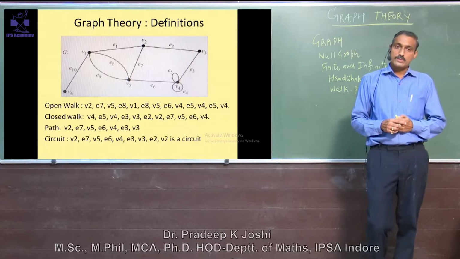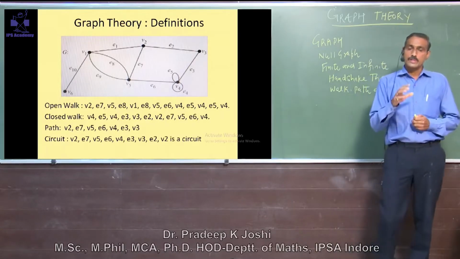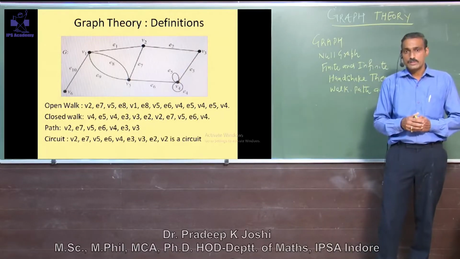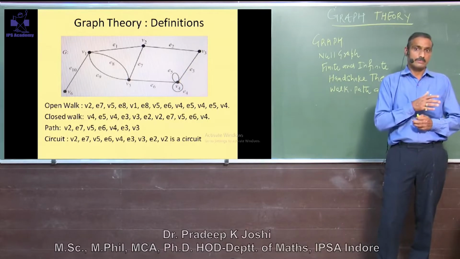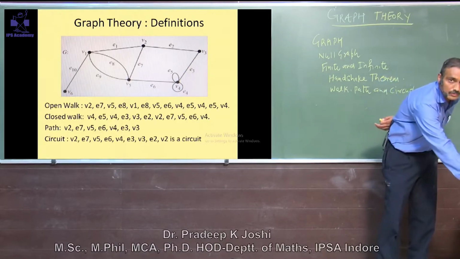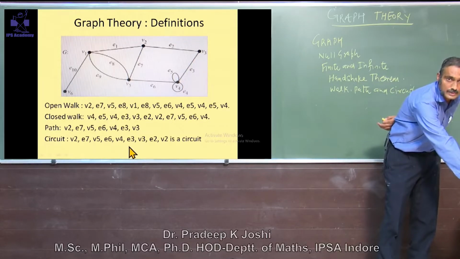Circuit. A circuit is a closed walk in which the initial vertex and final vertex are the same. The example here is V2, E7, V5, E6, V4, E3, V3, E2, V7, which is a circuit. The initial and final vertex V2 are the same, and no other vertex is repeating.